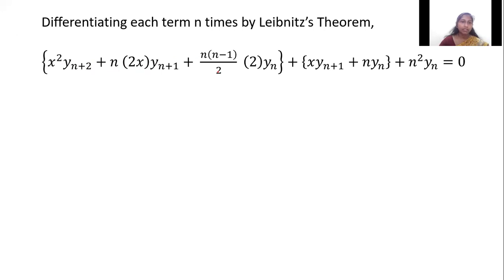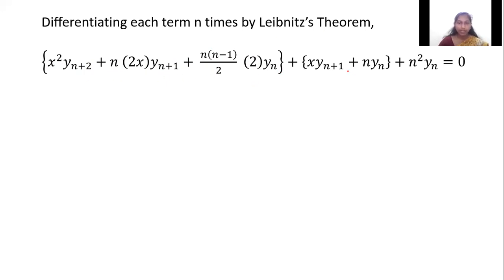Plus now nC2 is nothing but n into n minus 1 by 2 factorial, 2 factorial is nothing but 2. Then the derivative of 2x is 2, and y n. And now when I go with the next term, I can see that the derivative of 2 is going to be 0, so that term vanishes after this term. So I can stop Leibniz theorem for the first term.